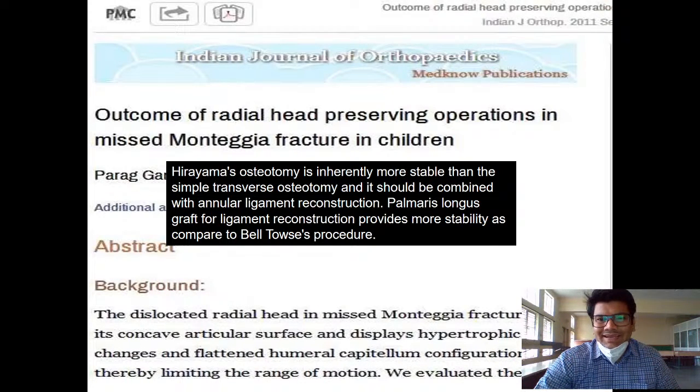Outcome of radial head preserving operations in missed Monteggia fractures: there is a surgery called Hirayama's osteotomy, which is inherently more stable than the simple transverse osteotomy and should be combined with annular ligament reconstruction using a palmaris longus graft.